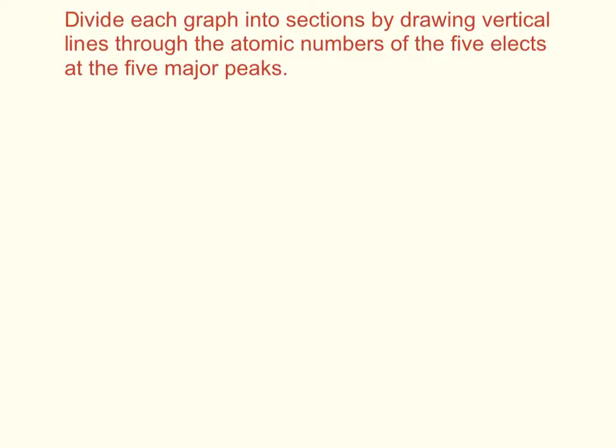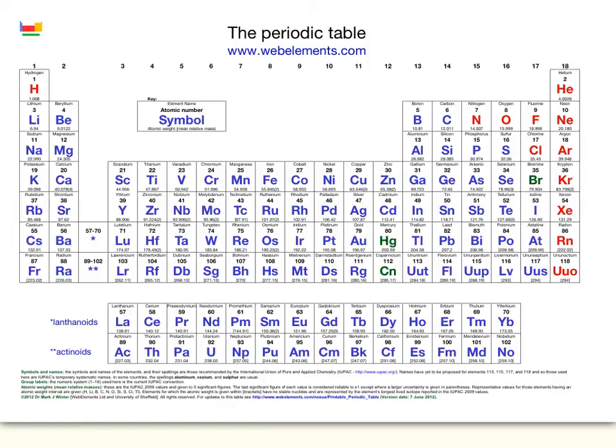So to get into the activity, you need to be able to divide the graphs provided into sections by drawing vertical lines through the atomic numbers of the 5 elements at the 5 major peaks. The reason you're doing that is you're dividing your graph up essentially into the periods. Look at the periodic table, right? You are going to divide up your graphs so that all of the elements, say for example in this period, are in one segment.